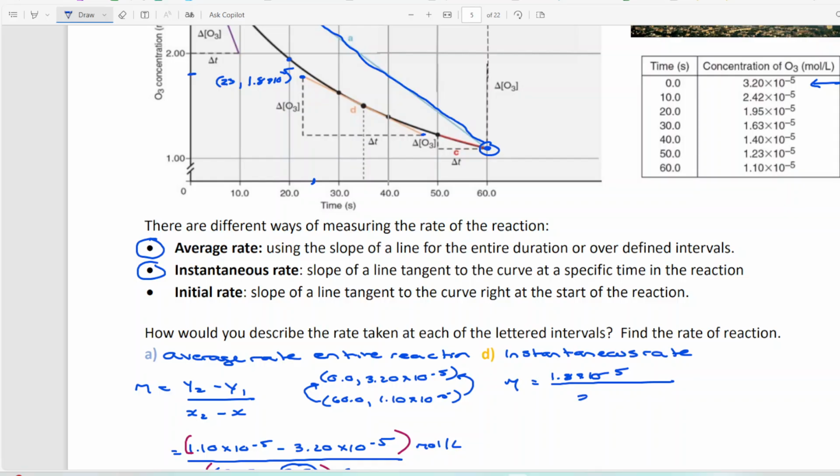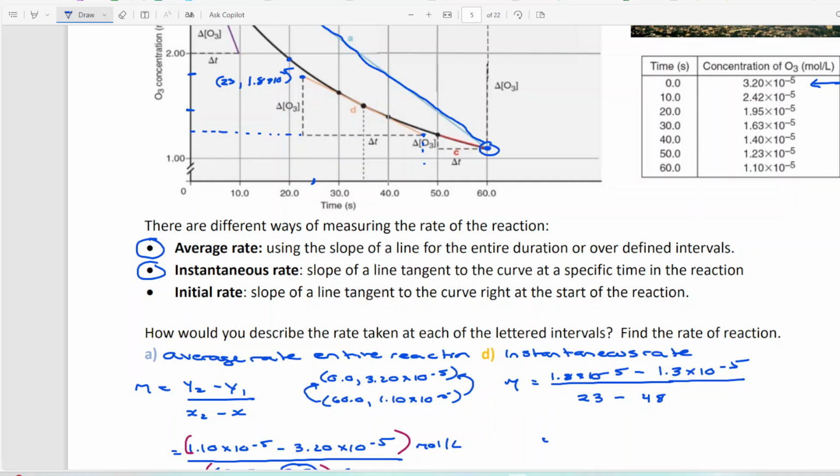And I'm going to use my time of 23. And then I've got to find two other points. So then my points here, we're kind of looking at maybe 48. So I'm going to go minus 48 seconds. And then my Y value there, carrying this across, this would be 1.5. I'm going to go 1.3 times 10 to the negative 5.